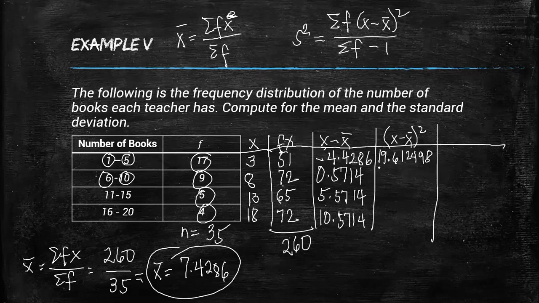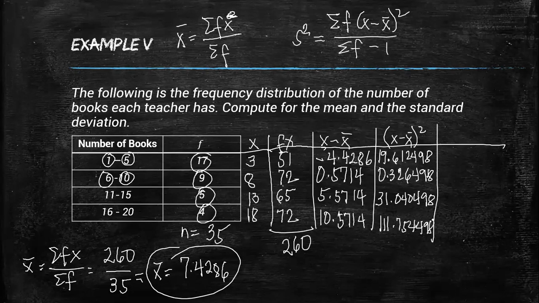That would be 0.326498. Next is 5.5714 squared. That would be 31.040498. And lastly, 10.5714 squared. That would be 111.754498. Wala pa, di pa dyan natatapos.